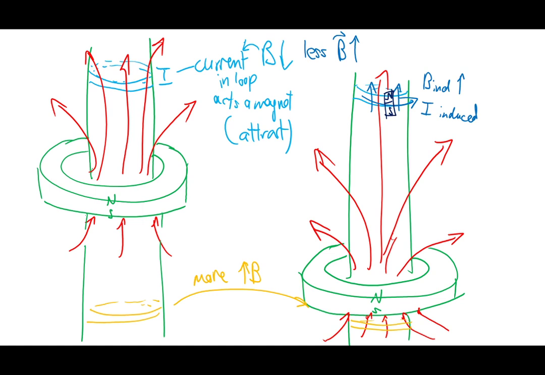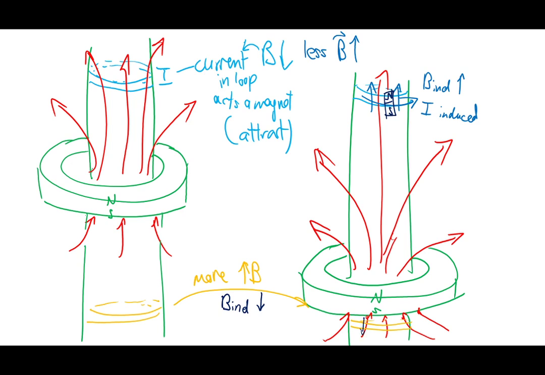So to undo that change, the B induced must cancel out some of that more upward, so therefore it must be downwards.